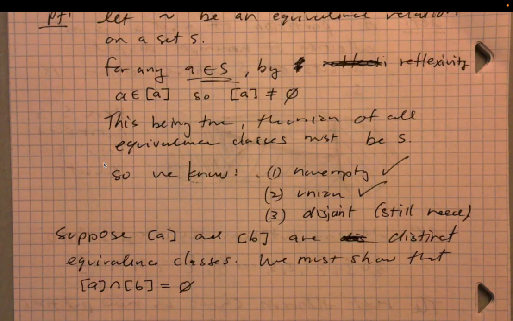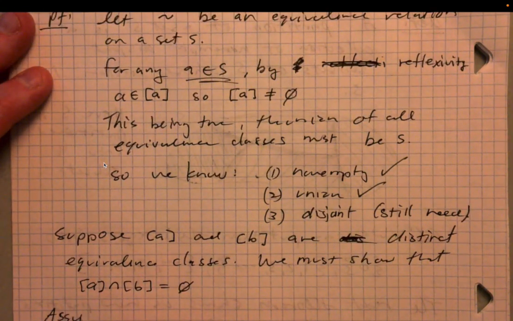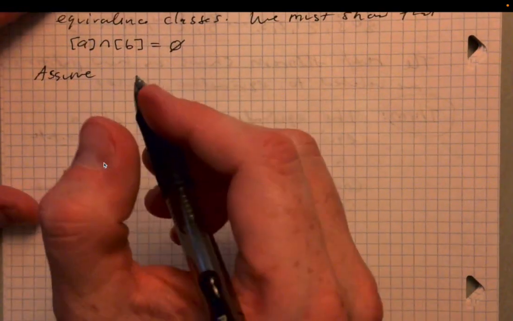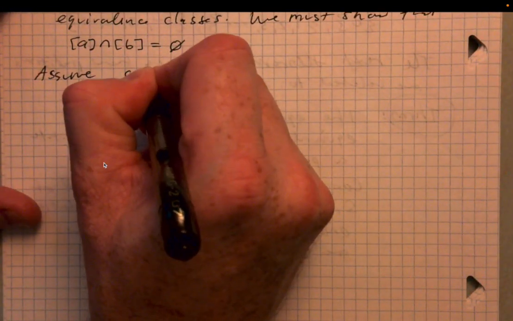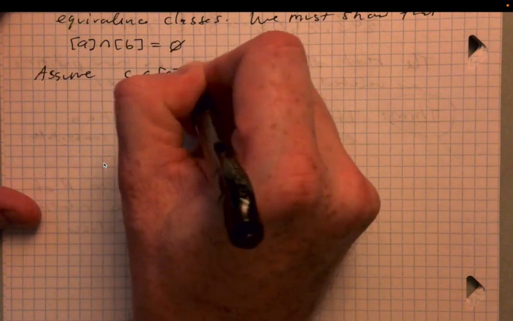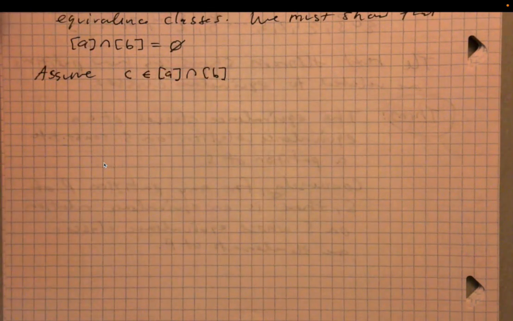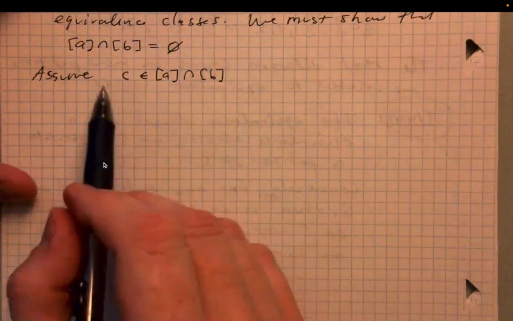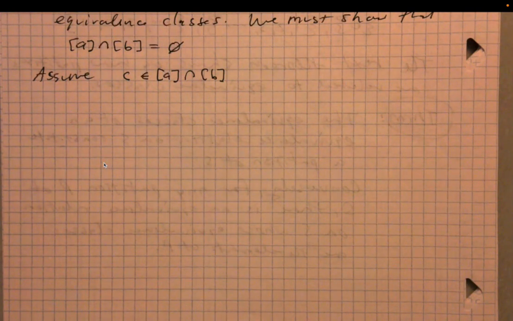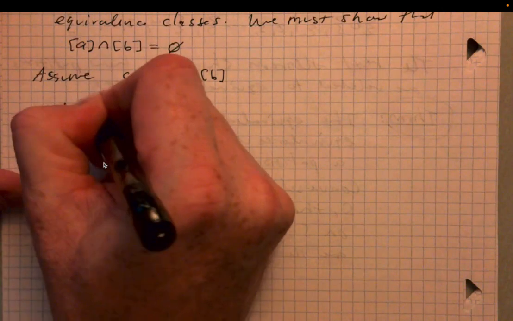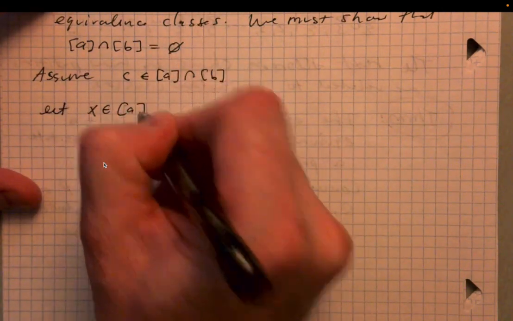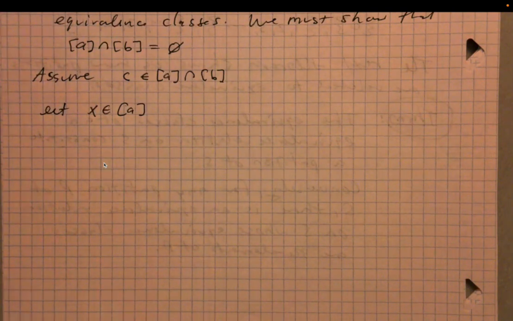So we're going to assume that C is an element in the intersection of A and B. And by that, we're going to end up showing that A is a subset of B. So let's let X be in A. So X is some member in A. Then we have what?